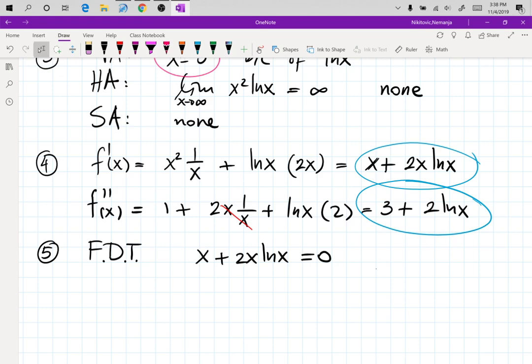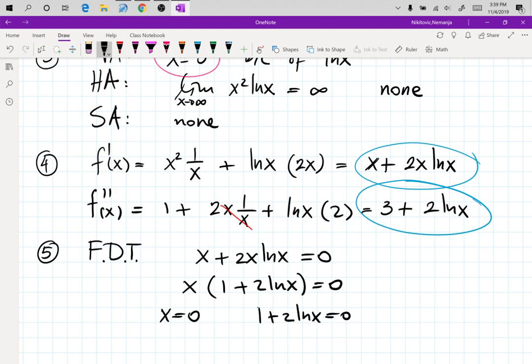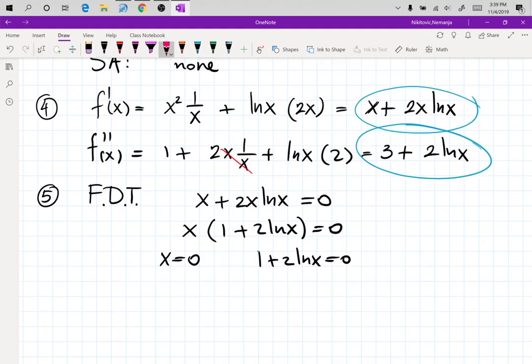Now, the way to solve these problems is to factor x, 1 plus 2 ln x equal to 0, and then set each one of these equal to 0. Now, the first one has no solution, right? x equals 0, we have to throw that away, not in the domain. And we attempt to solve the second one.